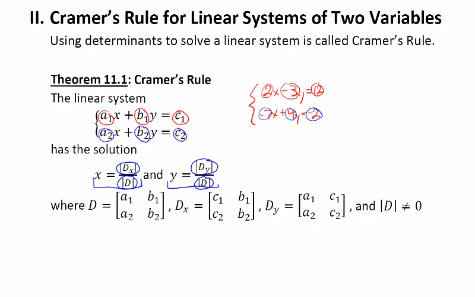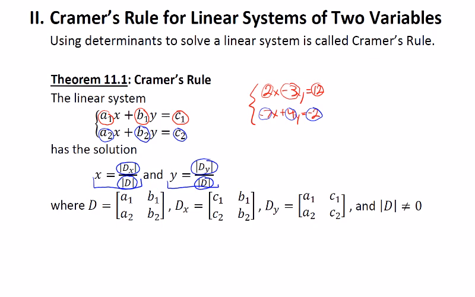So really the big question is, where do the matrices D, Dx, and Dy come from? Because after you've come up with those matrices, you know how to calculate the determinant. That's what we did in the previous examples. So where do D, Dx, Dy come from?